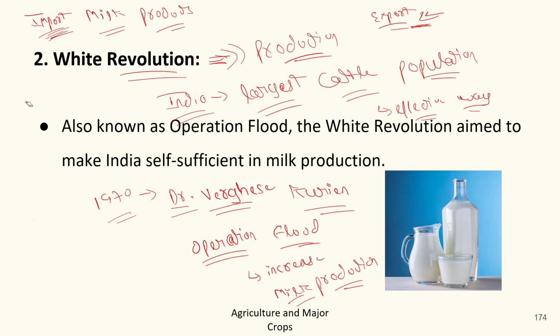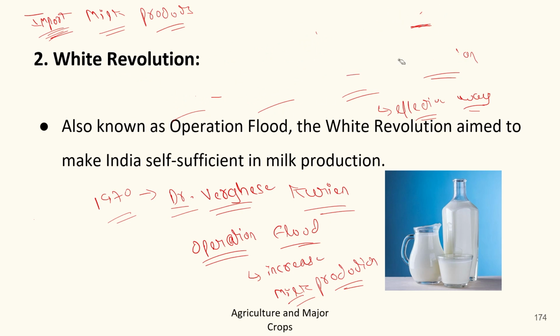But there was one challenge in front of him, and it was one of the most challenging tasks which he needed to do in order to achieve the objectives of the white revolution. And what was that?